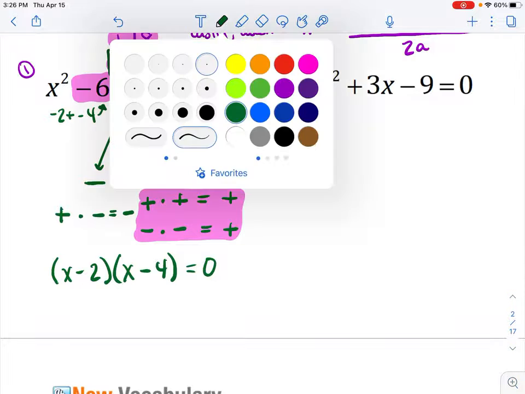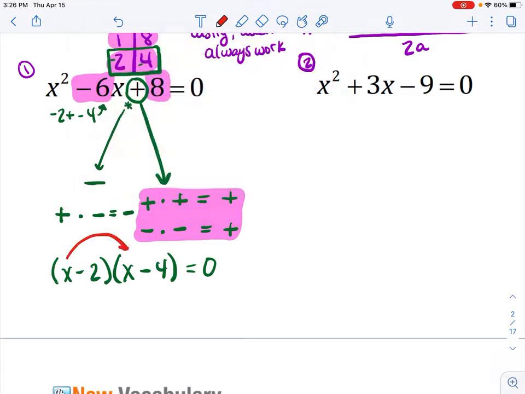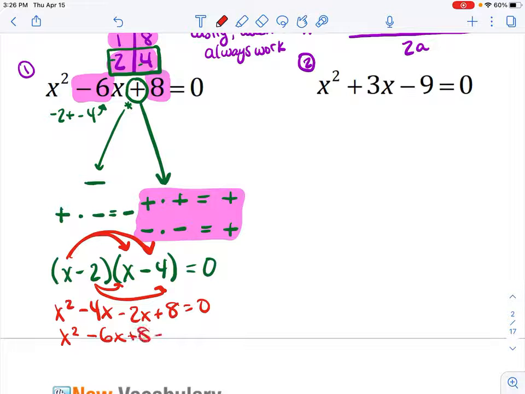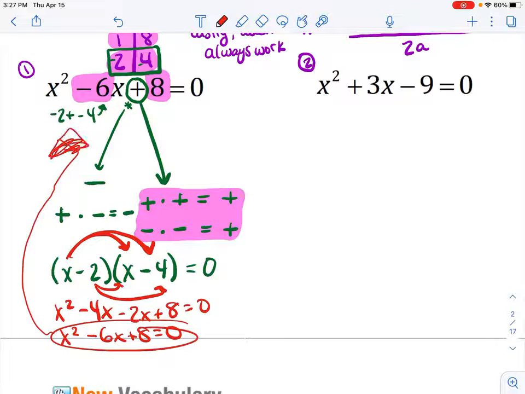If we were to FOIL this out real quick, this will actually get us back to our original problem, as you will notice. So if you want to check to make sure it will get you back to the original, you can. Okay? That's just a side note though. We didn't have to check by FOILing.